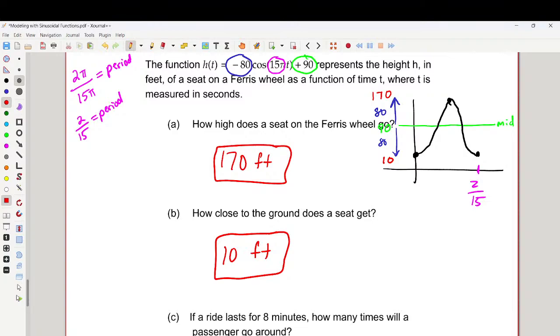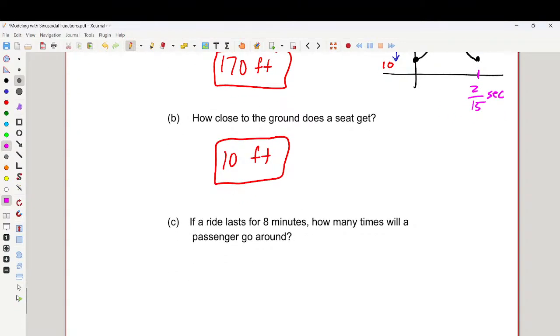So this is one time around. 2/15 is what unit? Seconds. 2/15 is in seconds. This ride goes for 8 minutes. How do we answer that? What's up?